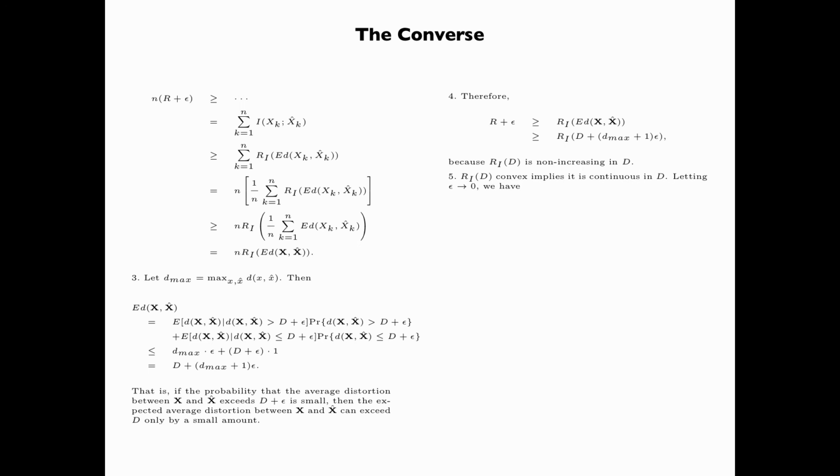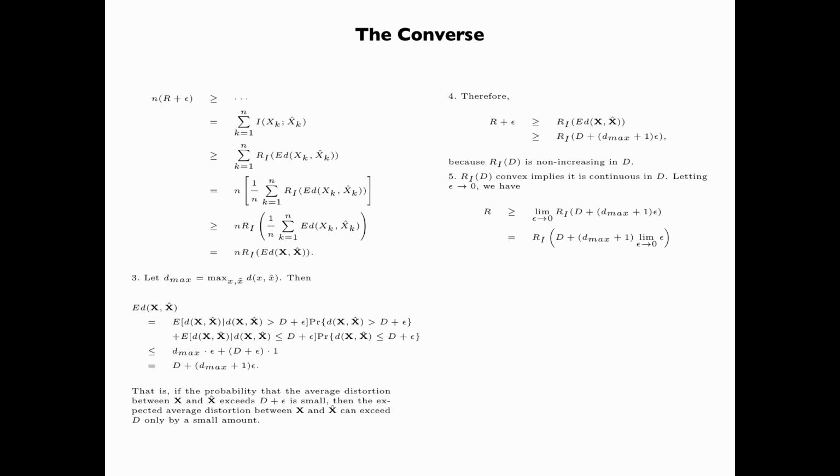Now observe that R_I(D) being convex implies that it is continuous in D. By letting epsilon go to 0, we have R greater than or equal to the limit as epsilon tends to 0 of R_I of D plus (d_max plus 1) times epsilon.